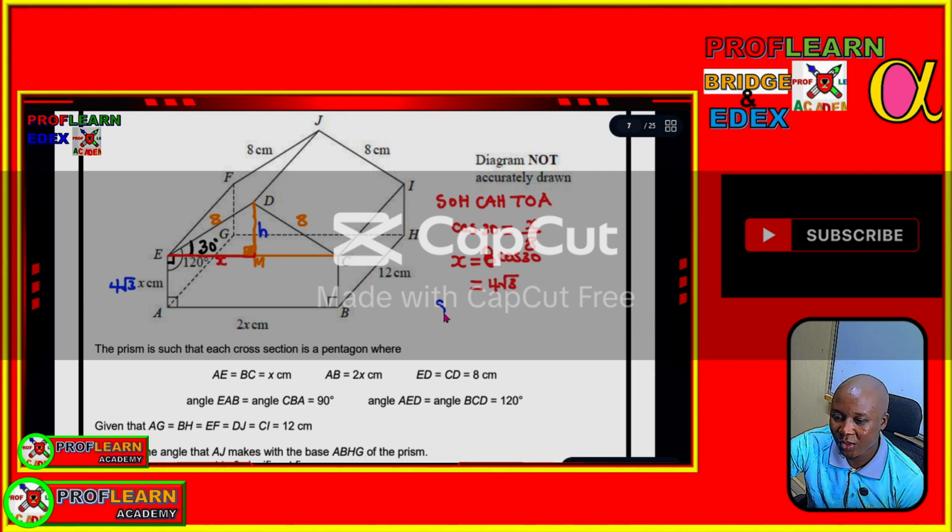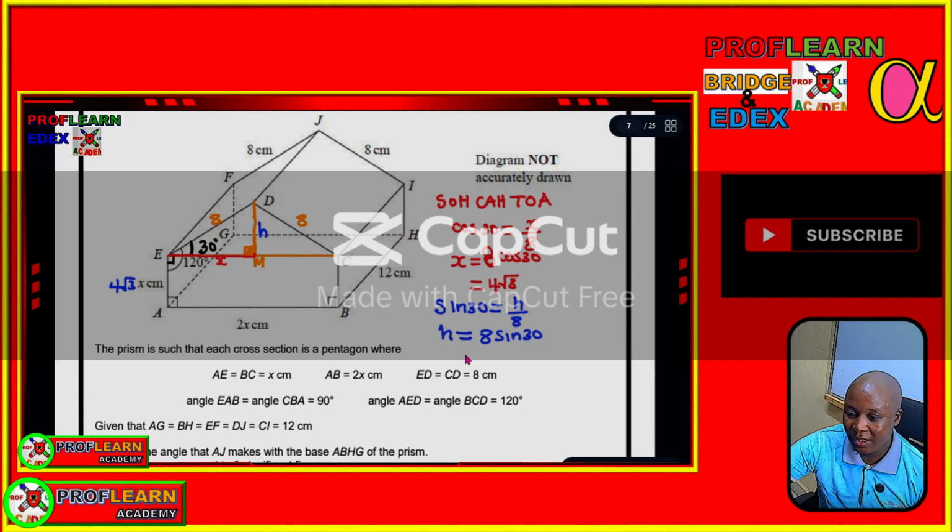So we use sine 30 degrees equals opposite over hypotenuse, which is h over 8. So h is equal to 8 sine 30. If we put that in the calculator, we get 4 centimeters.